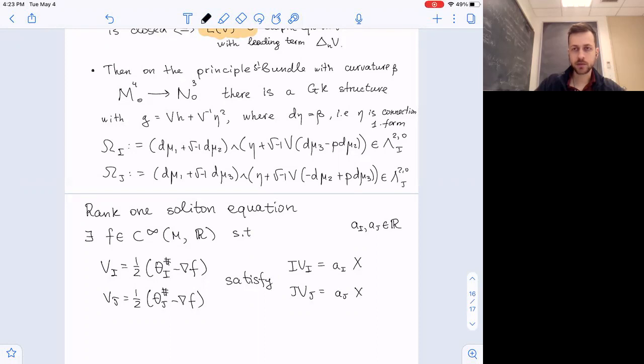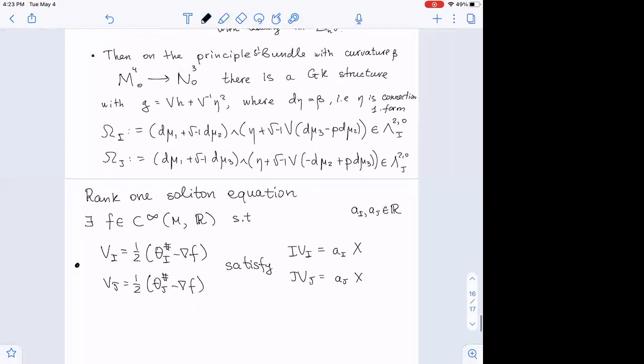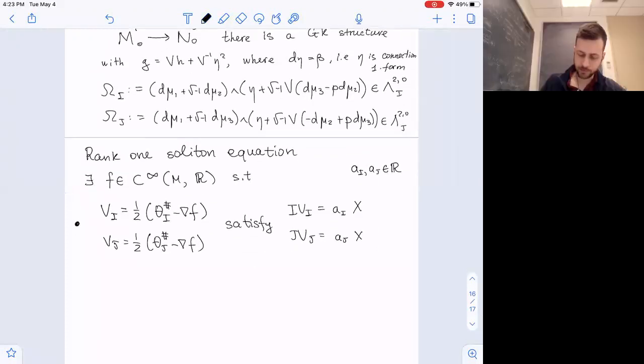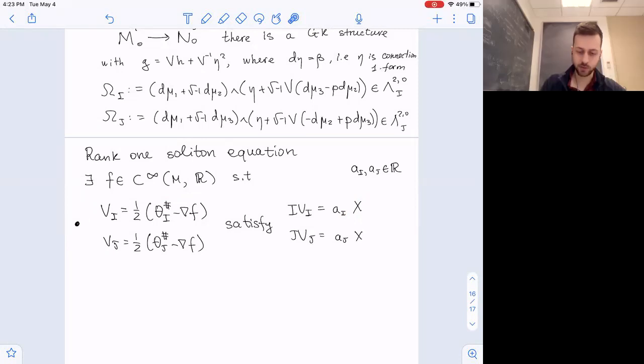On a homogeneous space, maybe they will be. So yes, this is our first assumption, and the fact that X is a vector field preserving g, I and J is a large part of the soliton equations, but not all of it. So you have this extra equation.